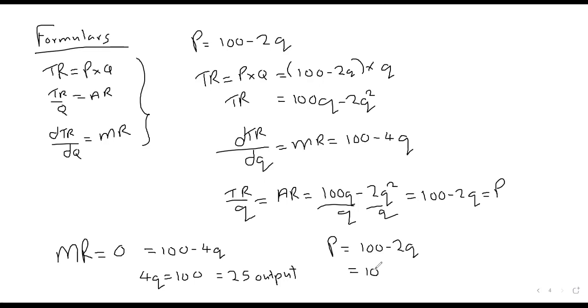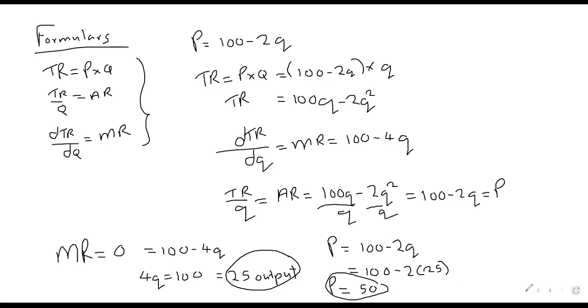So in the quantity, we're going to put 25. 25 times 2 is 50. 50 from 100, we're going to have a 50. So we have our optimal points. To maximize revenue, price must be 50. To optimize our output, quantity must be what? 25 units.